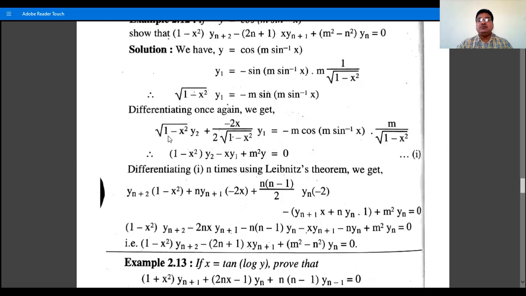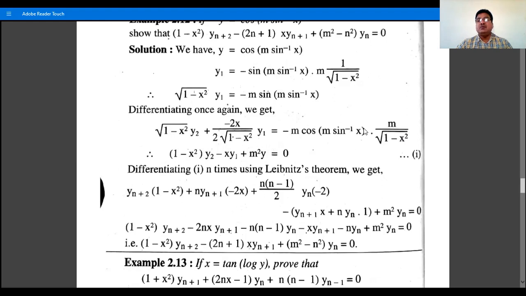Then multiplying throughout by root 1 minus x square, we have 1 minus x square y2, and the root 1 minus x square into root 1 minus x square gets cancelled, and 2 gets cancelled. So we have minus x y1 is equal to, this root gets cancelled, and this m and this m becomes m square, minus m square, and then cos(m sin inverse x), this quantity is y.